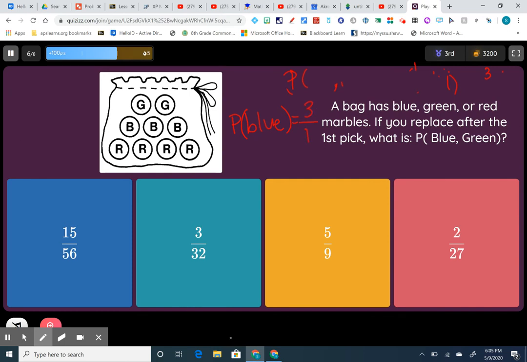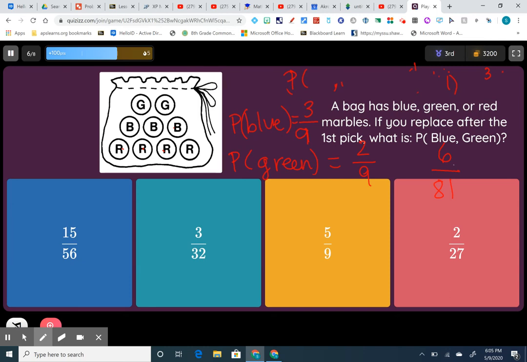There's 1, 2, 3, 4, 5, 6, 7, 8, 9 total possible outcomes. Probability that we pull a green, we have 2. So that's going to be 2 out of 9. We multiply 3 times 2 is 6. 9 times 9 is 81. We're going to have to do some simplification.